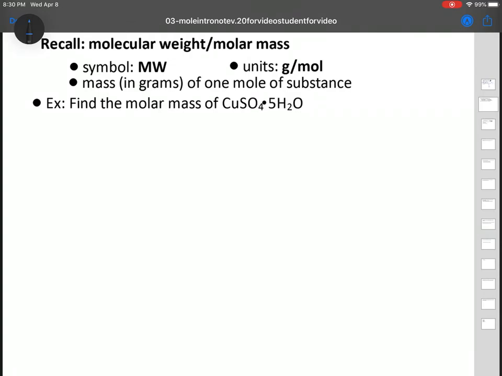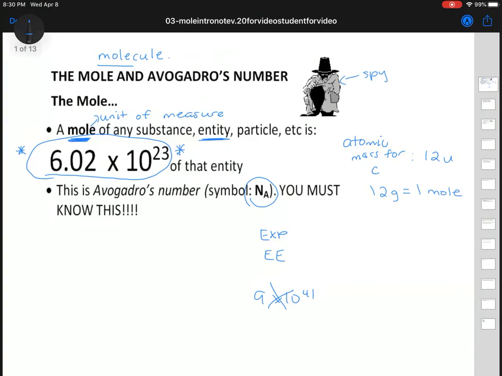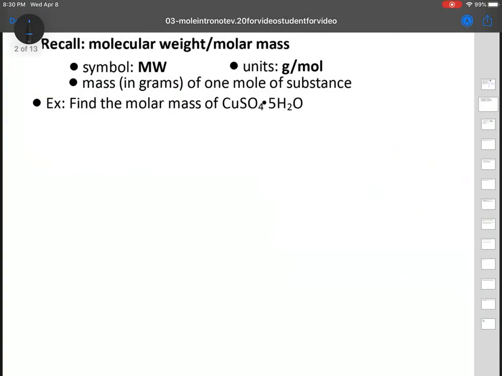Okay, so in the first lesson, we did talk about molecular weight or molar mass. In the first lesson, I left the units kind of ambiguous, but it relates to this idea about carbon and the atomic mass that's listed on the periodic table. So that mass can also be called the molar mass or molecular weight.